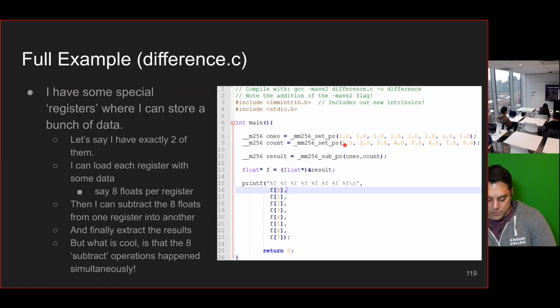Then you'll actually see what this prints out. I don't think I included it here, but it'll print exactly 0, 1, 2, 3, 4, 5, 6, 7. So that's the idea.